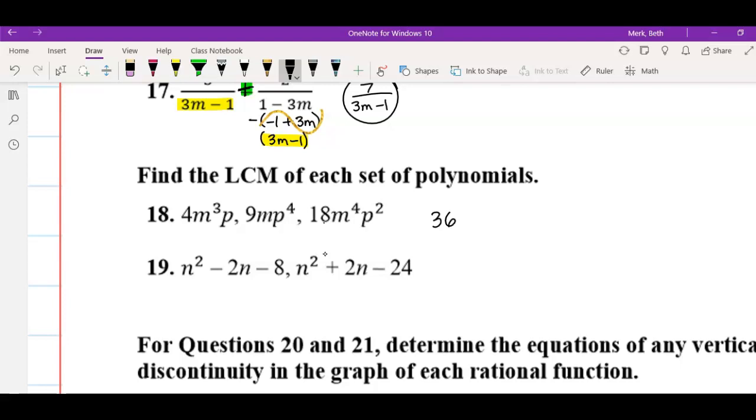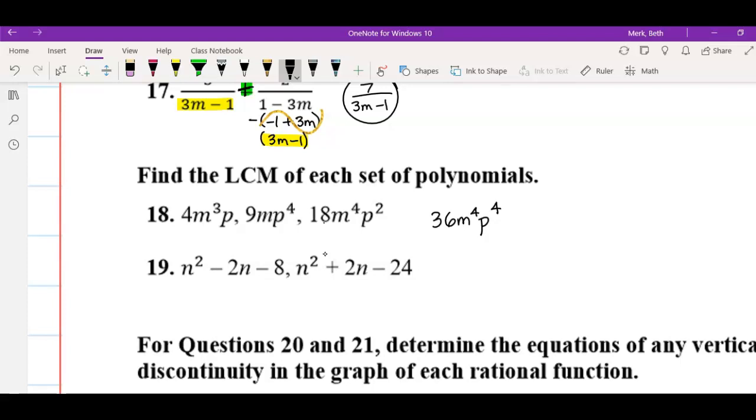I can divide 36 by 4, 9, and 18. So I'm happy with that. Then I look at my variable m. I need to have the least common, which would be m to the 4th. And then finally, p to the 4th.